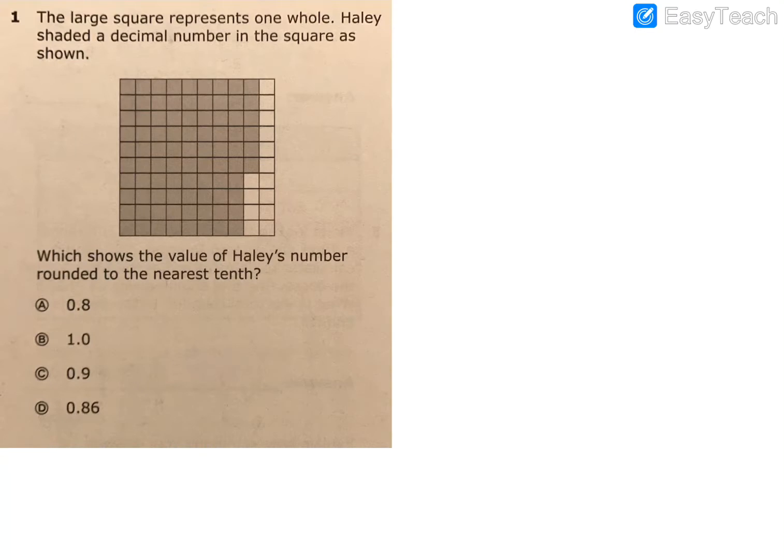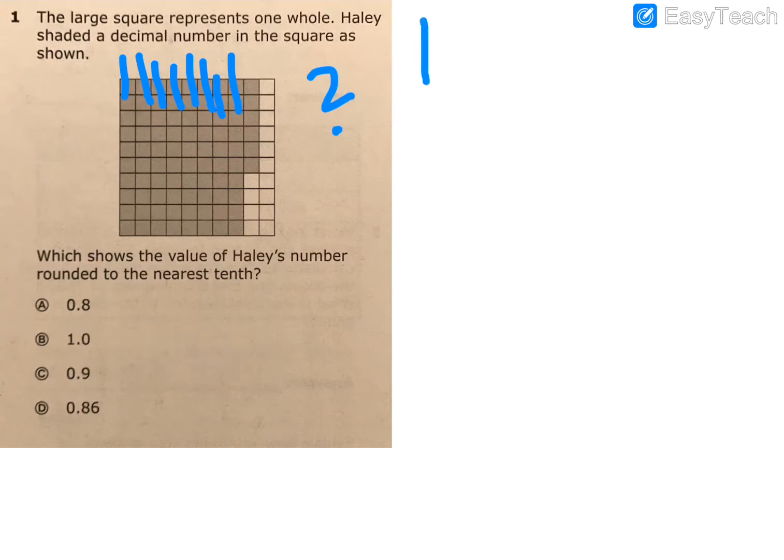So we first need to know how much is shaded here. We have 1 full long, 2 full longs, 3, 4, 5, 6, 7, 8 full longs.